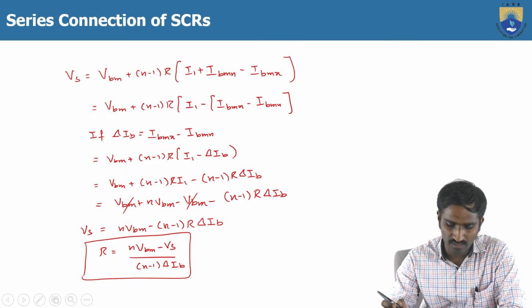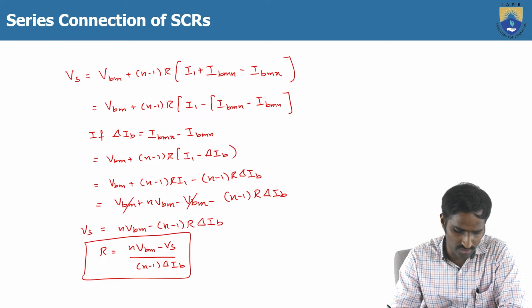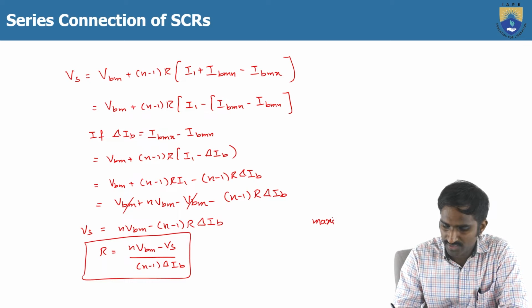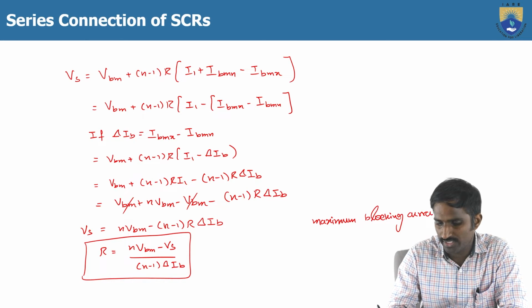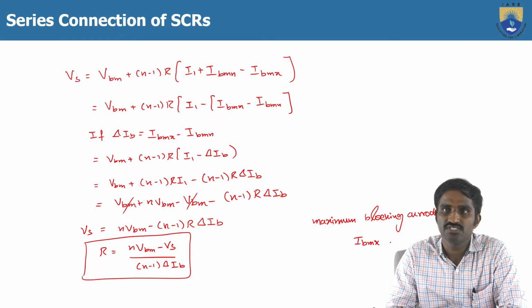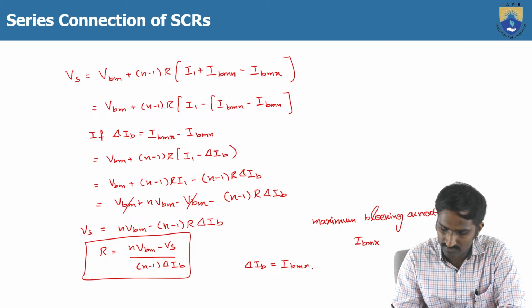But practically, in any SCR data sheet, only the maximum blocking current will be mentioned, which is IBMX. So the delta IB we can simply consider as IBMX.